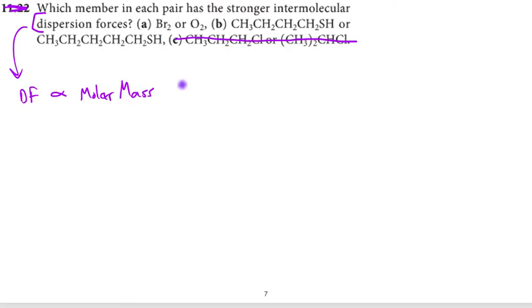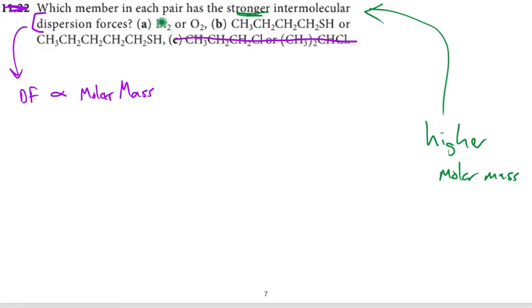So if you want to know which one has a stronger intermolecular force, you're really just asking which one has the higher molar mass. If you look on the periodic table, bromine has a large atomic weight. You put two of them together, and that's going to have the larger molar mass.